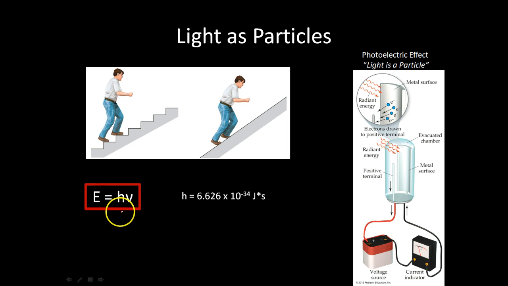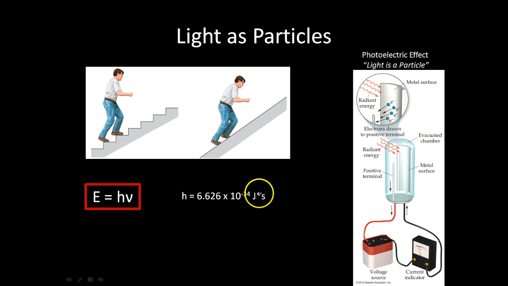There's actually a relationship between the frequency of light and the energy of light, where as frequency increases, the energy increases, and the frequency times this Planck's constant, this quantization constant, is equal to the energy of that light. Planck's constant is shown over here, where it's 6.626 times 10 to the negative 34 joules.